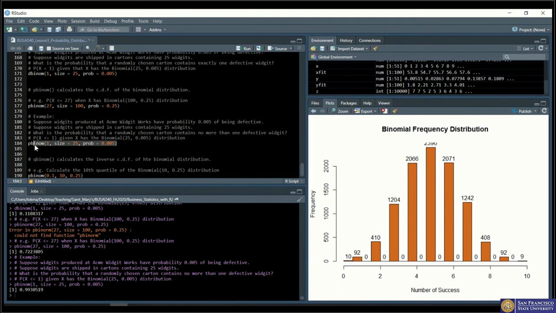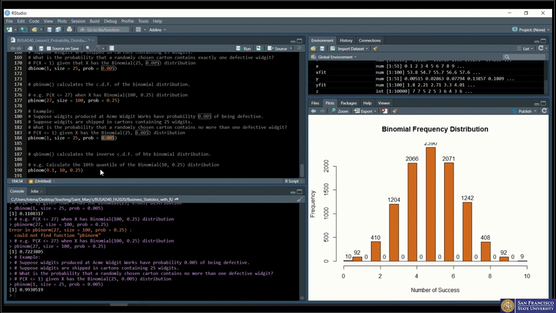So this gives you a probability of 99.3% to have at least one or no defect in the carton box. You can imagine why, because the probability to find one defect is 0.005, so it's extremely small. You are basically including the probability of not finding it, so obviously the probability is going to be extremely high too.